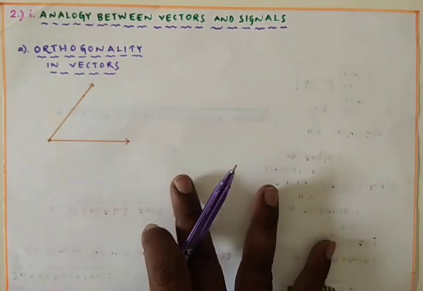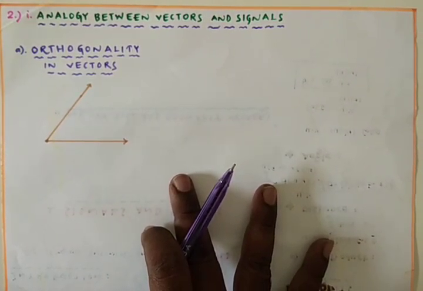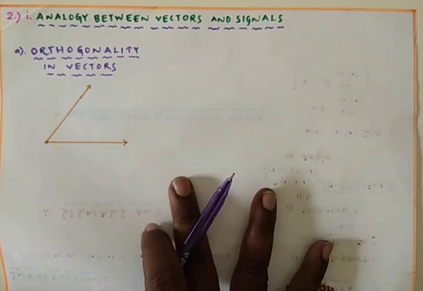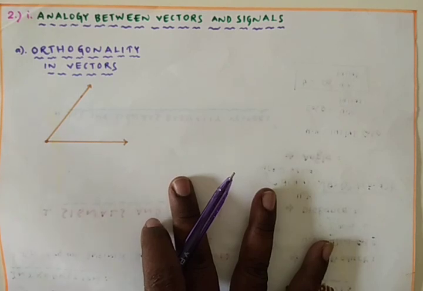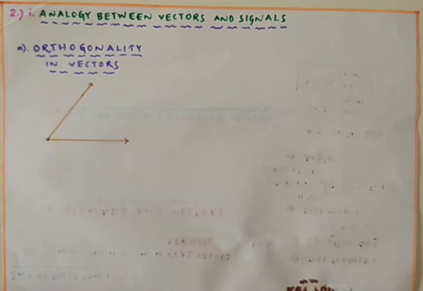We know what an orthogonal function is. A function that depends on one or more independent variables is called an orthogonal function, so a signal can be represented in terms of orthogonal functions. These orthogonal functions satisfy specific properties.